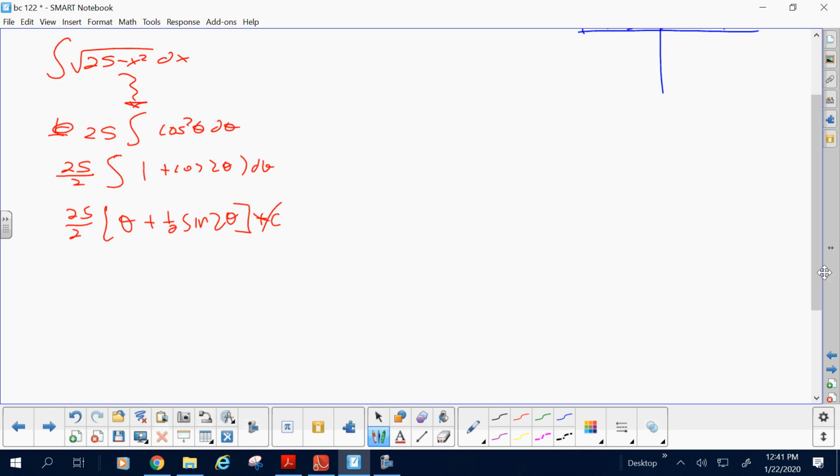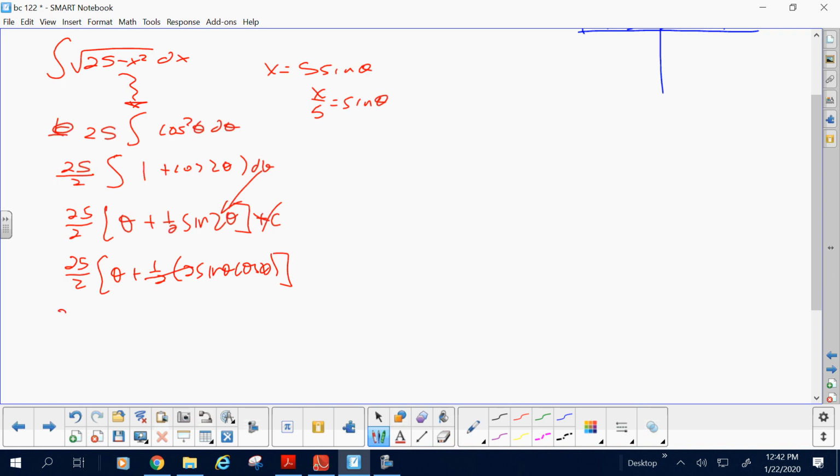The problem is that if you have x equals 5 sine theta, or x over 5 equals sine theta, it doesn't really do you any good with 2 theta. So you need to change that by identity to sine theta cosine theta. You know? Okay.